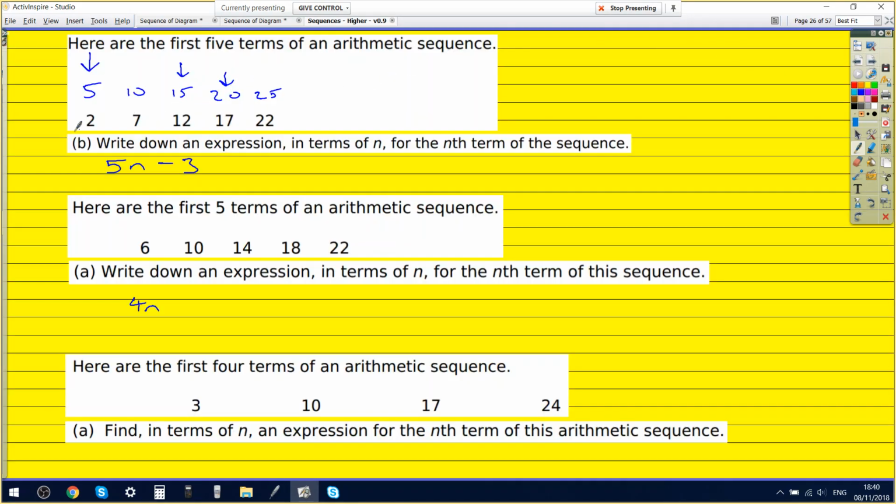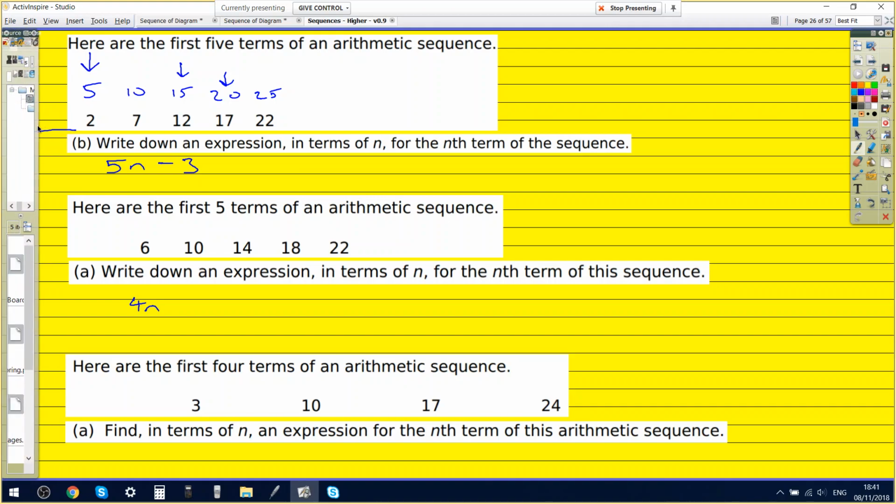Basically, for the first one, what number would come before 2? They're going up by 5 each time, so from right to left they're going down by 5 each time. What number would come before 2 if you had a term 0?